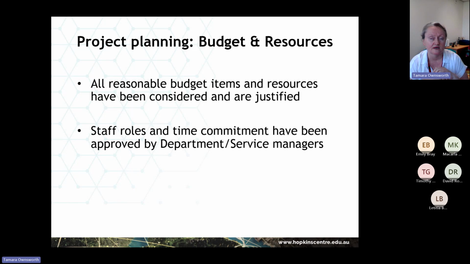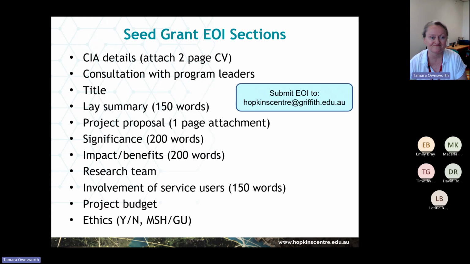Research can be very difficult to juggle alongside clinical practice, and if it's involving multiple team members, that can be excellent for capacity building, but it also places some demands on the service. So having your manager support that is important, and we actually ask that you indicate in the EOI that you have discussed and had approval to proceed with the EOI.